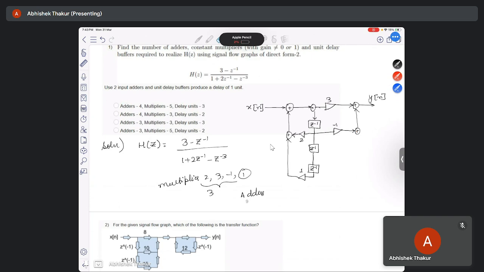So this is also redundant. So we can directly give this like this. And now again this is also redundant. So how many adders are there? Three adders are there, and three delay units and three multipliers. So option C is the correct answer for this question.